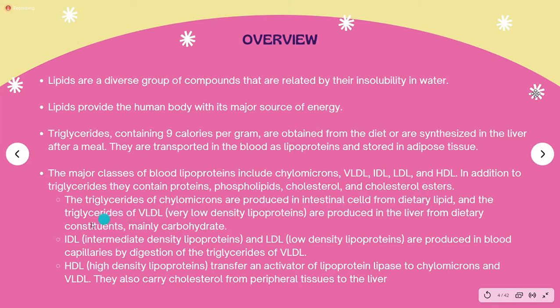And the triacylglycerol of VLDL is from the liver, produced in the liver from dietary constituents, mainly carbohydrates. So you have a hint already that if you have extra rice, the extra rice will be converted into triacylglycerol.